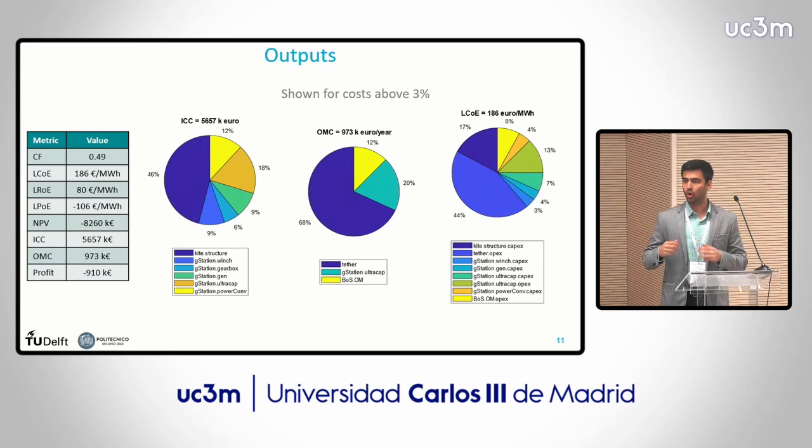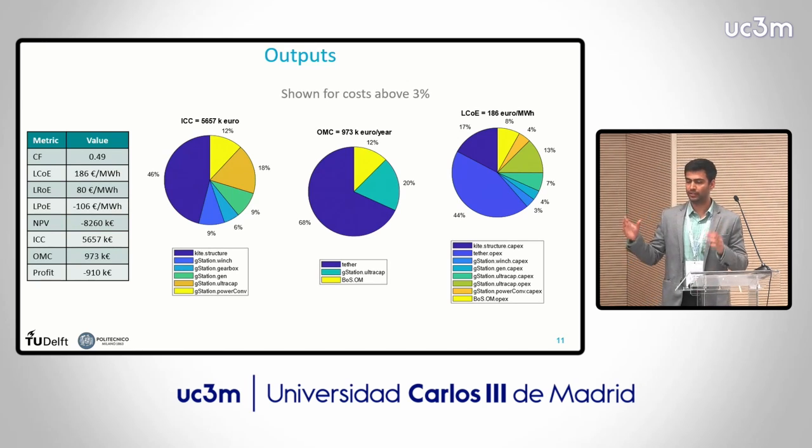It gives a good order of magnitude, but it relies on many assumptions that are behind the performance model and the cost model as well. And more importantly, the system that we evaluated is not optimized. So really you could change the use case of this model essentially now to go into the iterative process of how to minimize the LCOE by changing the tether diameter, the wing size, and all the other parameters really.